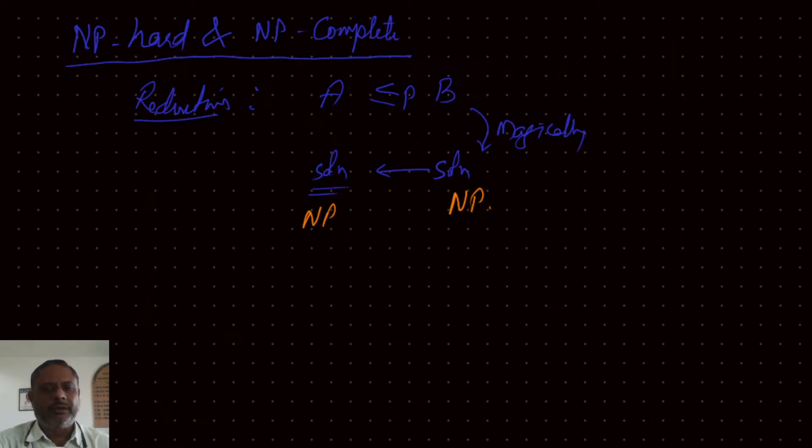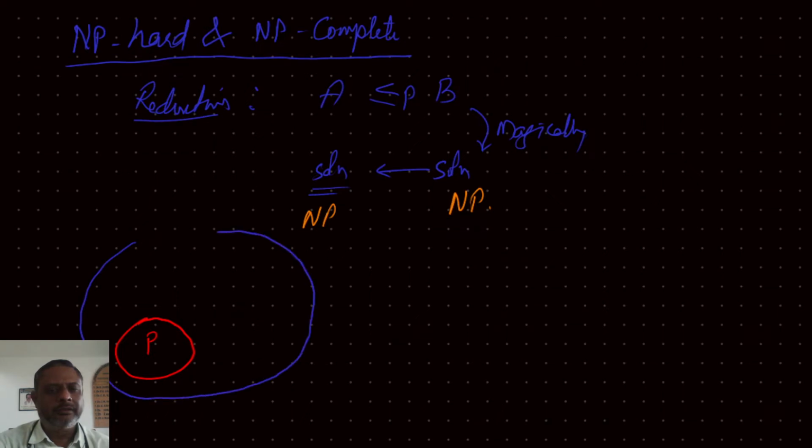So in our world of problems, this is a set of problems which can be solved in polynomial time, and this is a set of problems which may not be solved in polynomial time, but definitely can be verified.